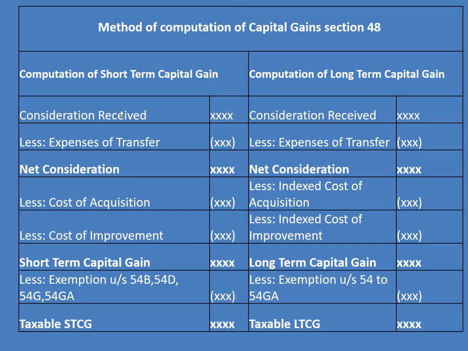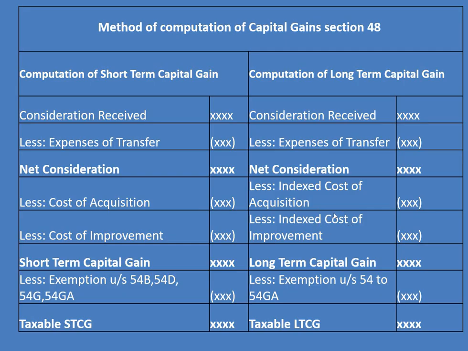Once you deduct expenses from the sales consideration, we will get the net sales consideration. From that we have to reduce the cost of acquisition and cost of improvement. In the case of long-term capital gain, we have to deduct the indexed cost of acquisition and indexed cost of improvement.